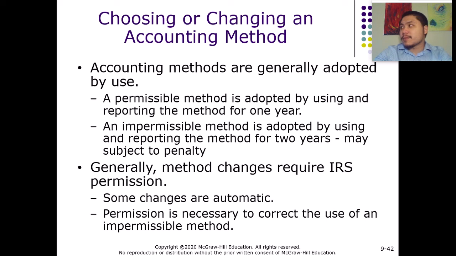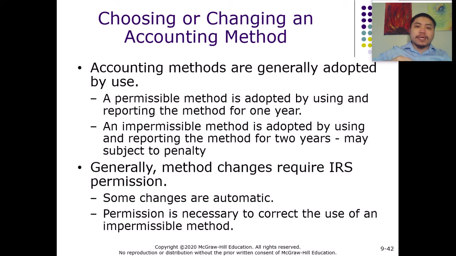So let's say your company chose to use the cash method instead of the accrual method in the first year, and they are allowed to use that. They are deemed to have selected that method for the following years unless they make some adjustment, right?